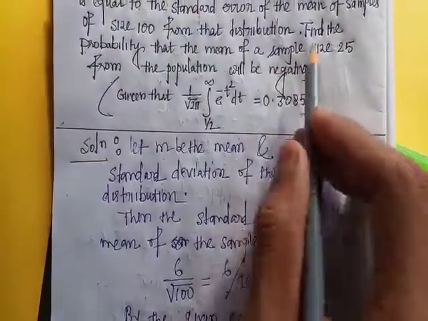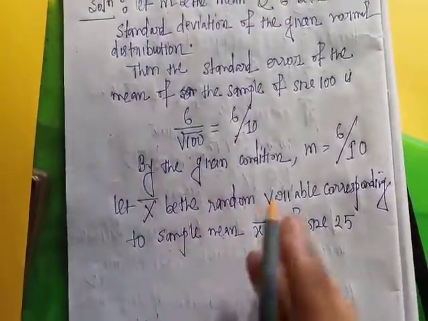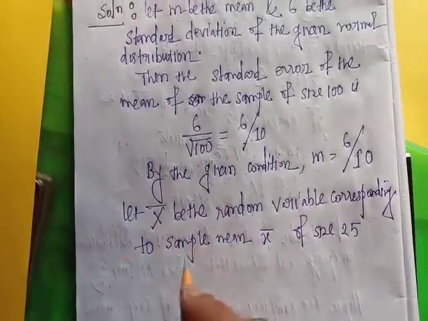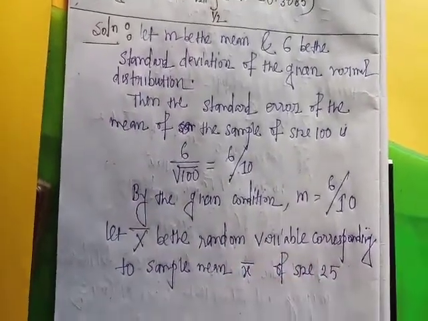So here sample size is 25. Let capital X bar be the random variable corresponding to the sample mean small x bar of sample size 25.